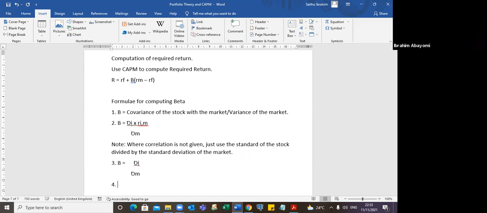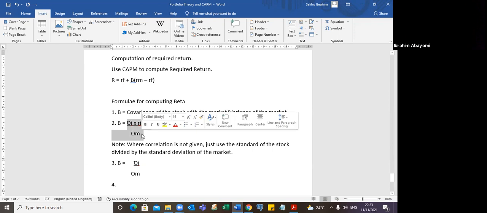We can also compute our beta as, instead of standard deviation, I can have variance.